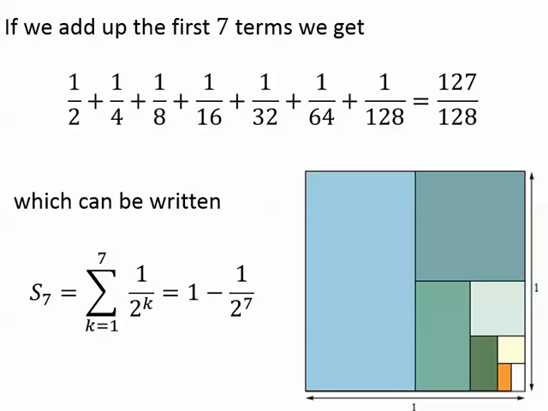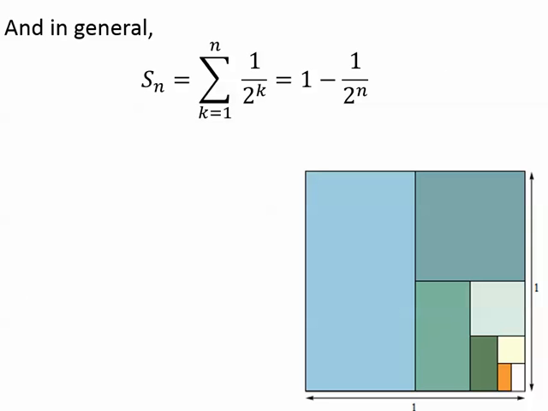So the 7th partial sum could be written as 127 over 128, or it could be written as 1 minus 1 over 2 to the 7th. And in general, the nth partial sum is equal to 1 minus, the rectangle that's missing would be 1 over 2 to the n.